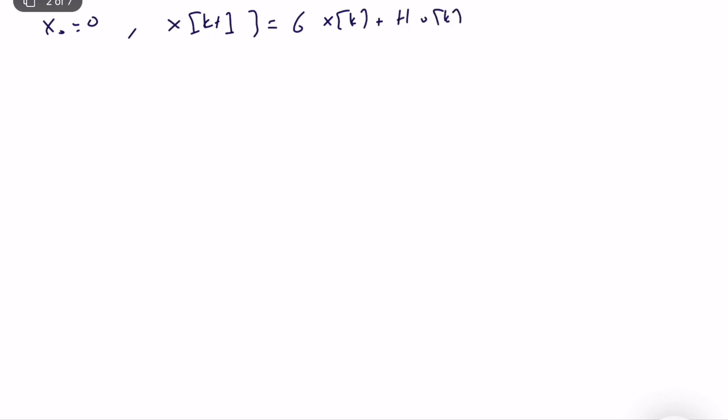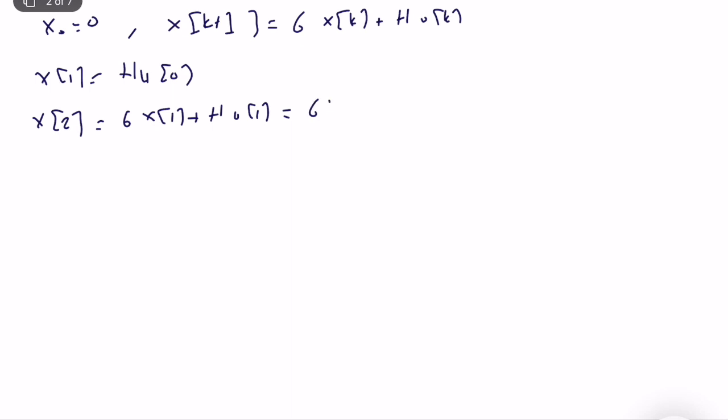Let's analyze the output separately. x of 1, since we have input but no initial condition, is equal to h times u0. x of 2 will be equal to g times x1 plus h times u1, and g times x1 is equal to g times h times u0, so x of 2 is equal to g h u0 plus h u1.